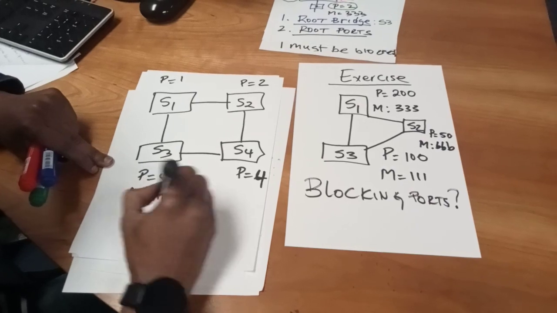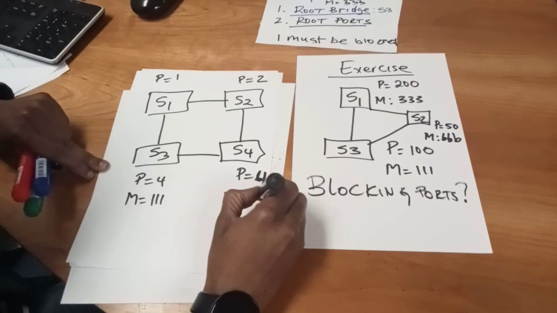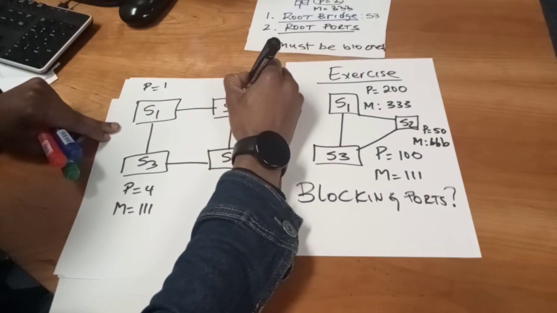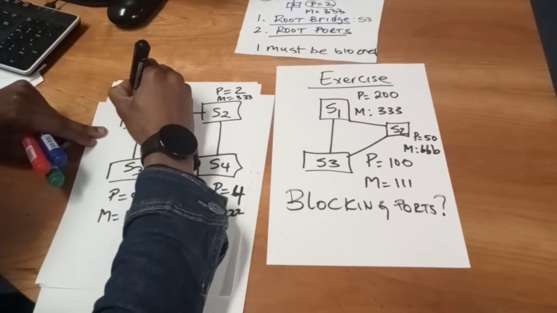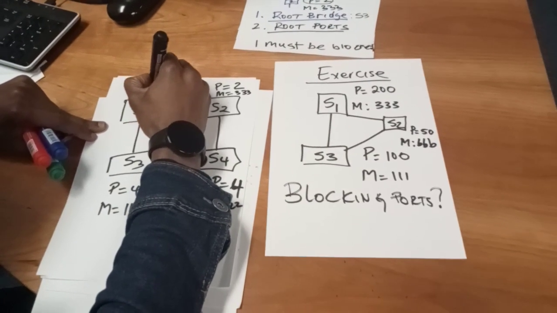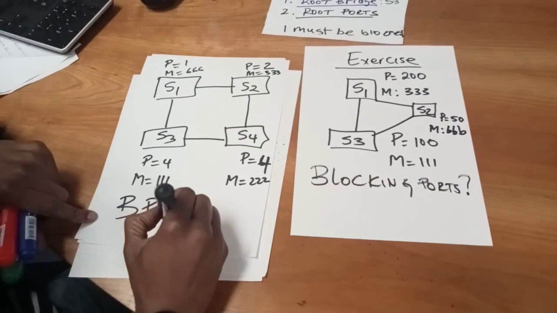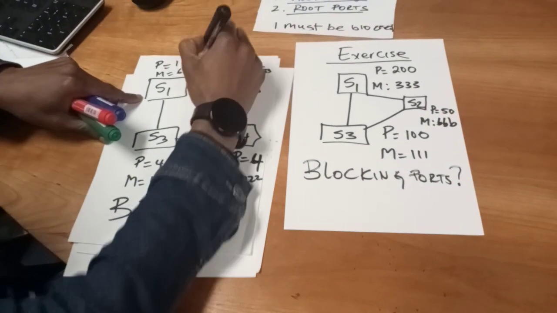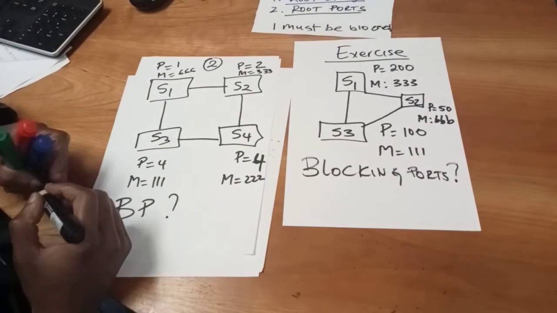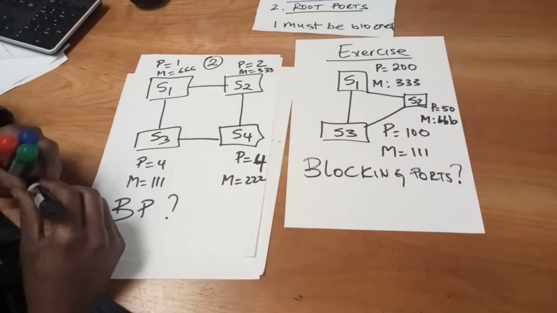MAC address 111, MAC address 222, MAC address 333, MAC address 666. You must also look for the blocking port. So this is exercise number 1 and this is exercise number 2.